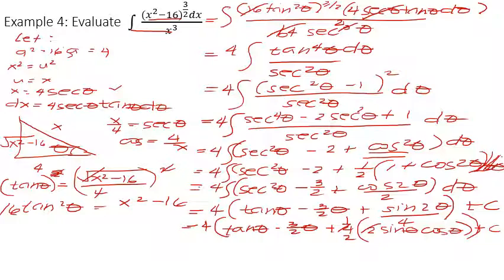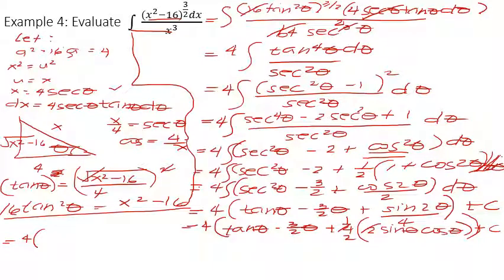Now, we could simply go back to our equation. So we have here 4 times tan theta. Tan theta, earlier we had the square root of x squared minus 16 all over 4.